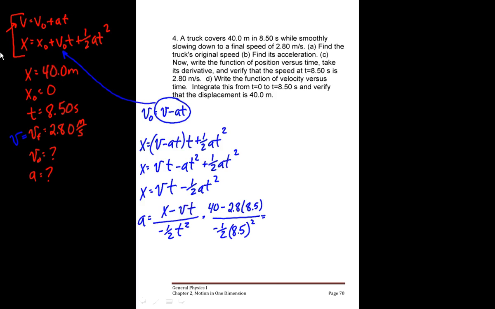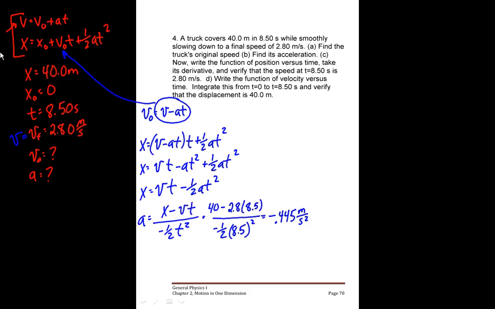And that's equal to, keeping the proper number of sig figs, negative 0.445 meters per second squared. That's my acceleration, negative 0.445 meters per second squared. Forgive me, I got a little sloppy with my significant figures here, but that's keeping the appropriate number, negative 0.445 meters per second squared.